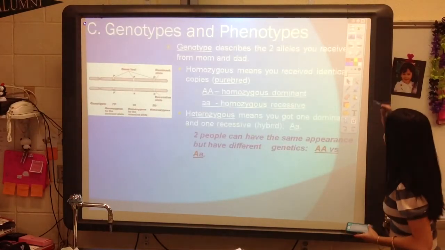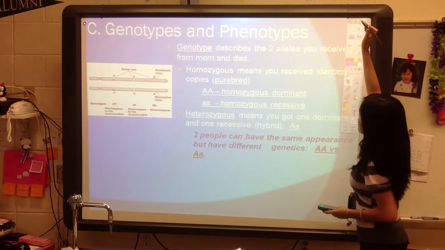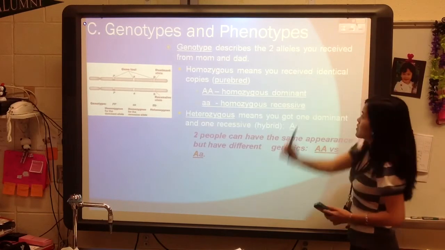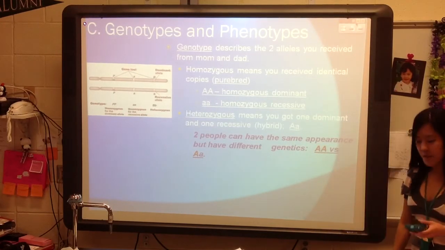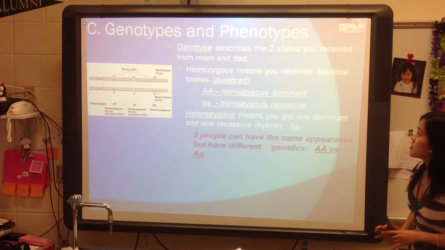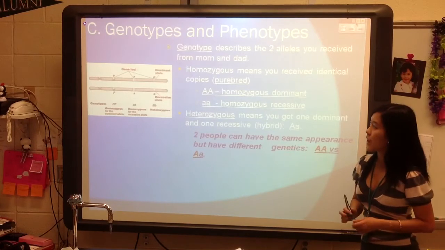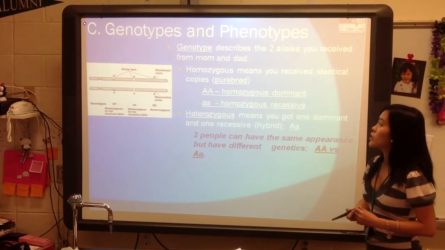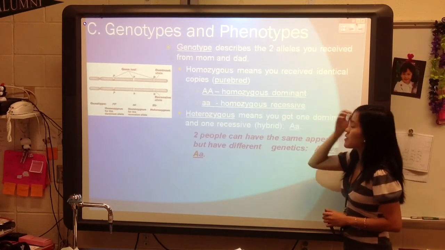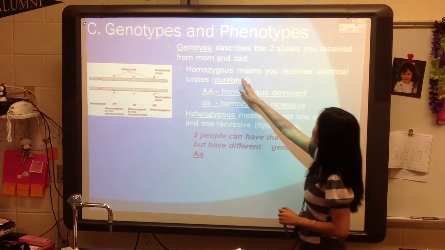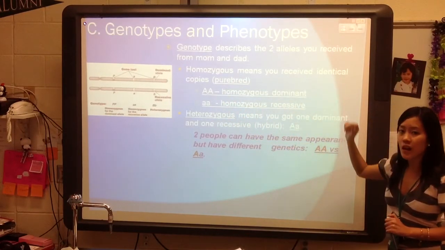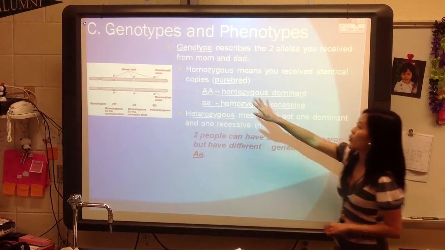Then we have ways to describe these genotypes, or describe those letters, as genotypes or phenotypes. A genotype describes the two alleles that you received from your mom and dad, so the actual letters itself. When you're describing those genotypes, if you describe it as homologous, that means you received identical copies, or you're purebred.